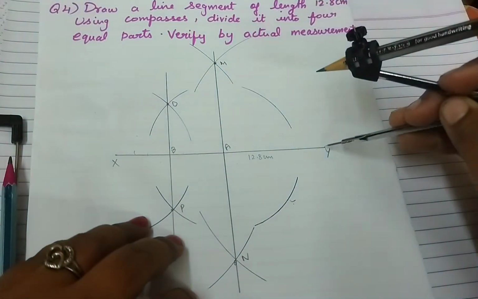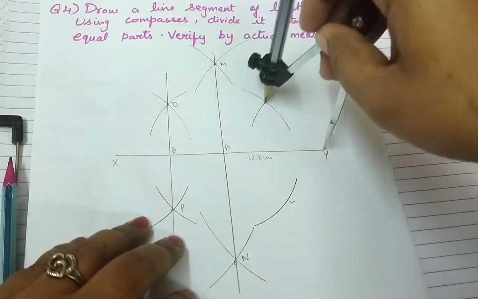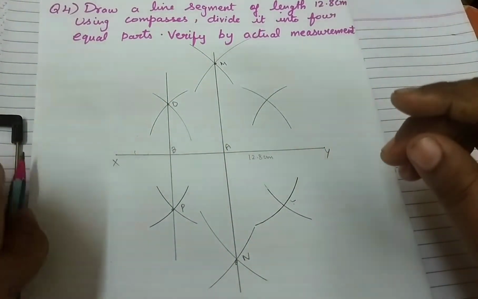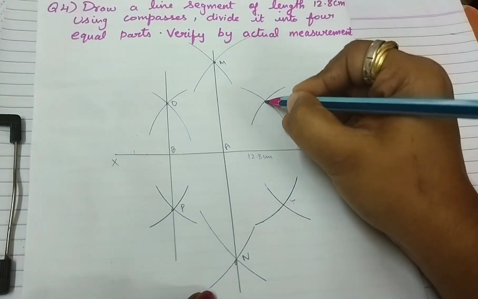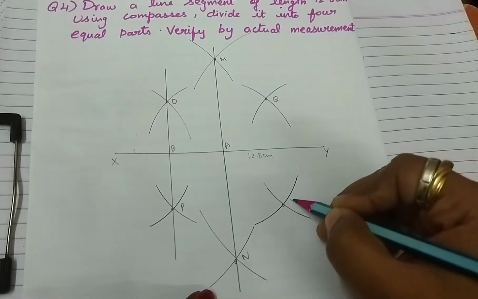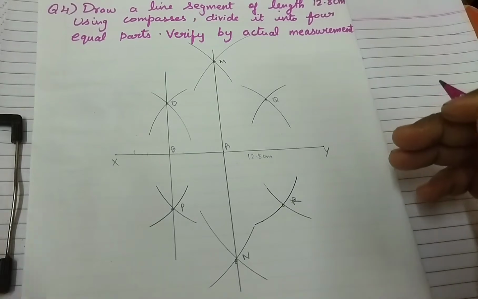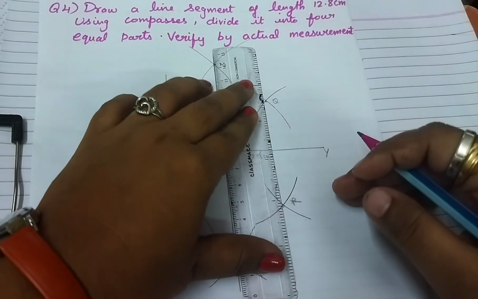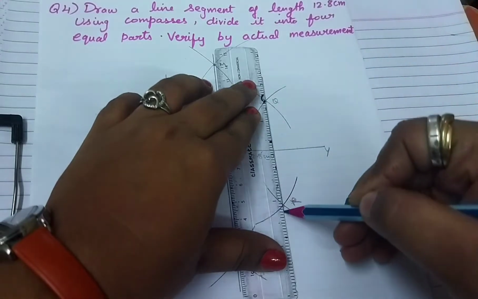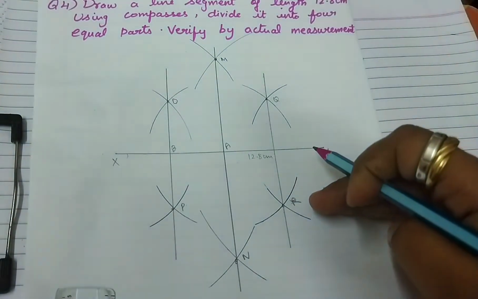Now I will keep Y as my center and draw the arc. Now next step, mark the intersection points Q and R. You can name them anything. Join the intersection points Q and R. Use your scale. Don't use freehand to draw arcs and lines.